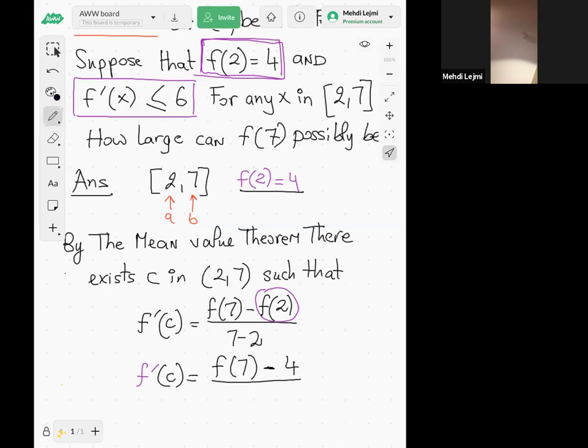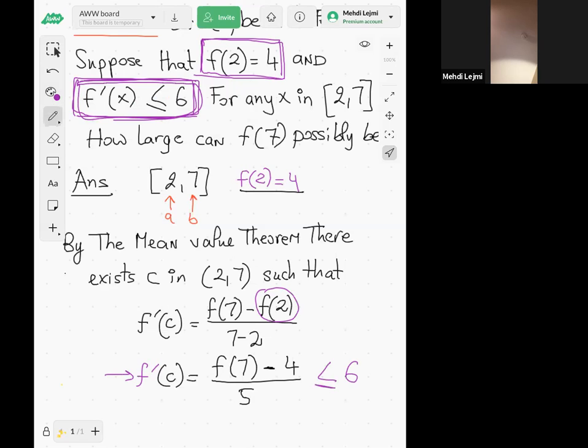That's 5. Okay, and then there is another hypothesis in the problem, that the derivative is always less than or equal to 6. So f prime of C is the derivative of f at C. This is always less than or equal to 6, because that's a hypothesis in the problem.